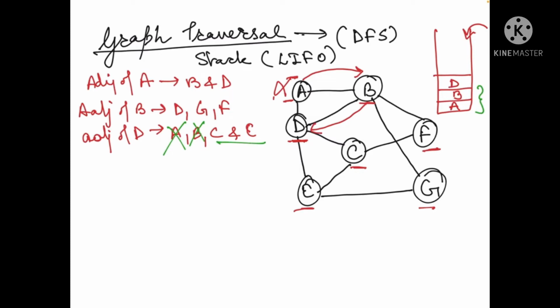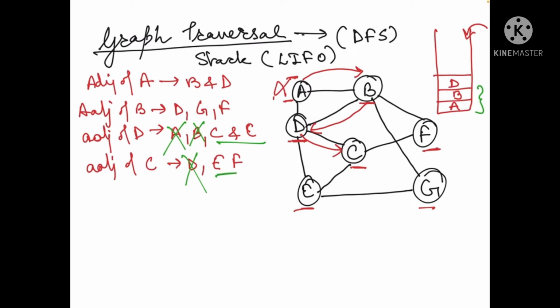Correct? Now what will I do? After D, I am going to travel from D to C. So now I will take the adjacent of C. The adjacent of C are D, E and F. Again the same thing, D is already visited.